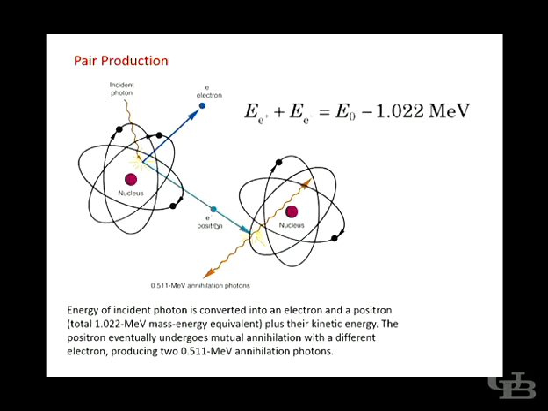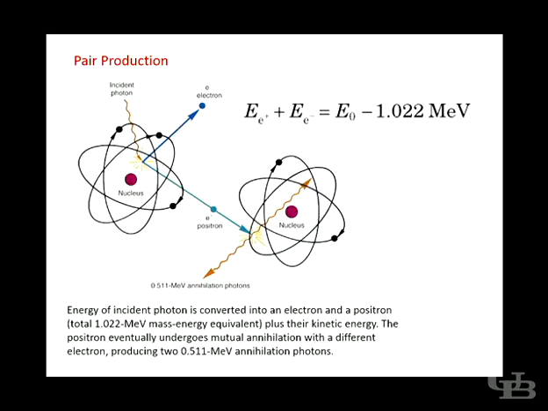And this diagram shows that once the positron is produced, it will just start a positron journey. Positron is a positively charged particle, and it will interact with electrons.